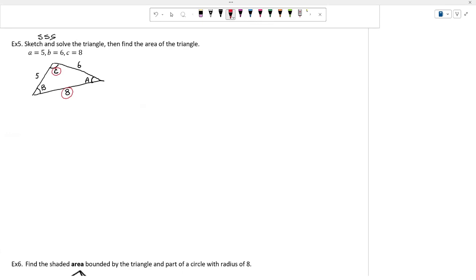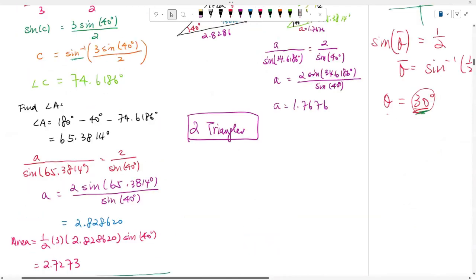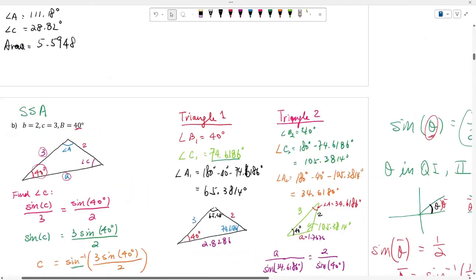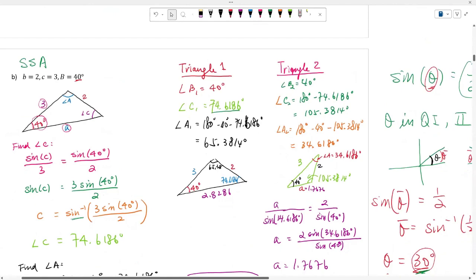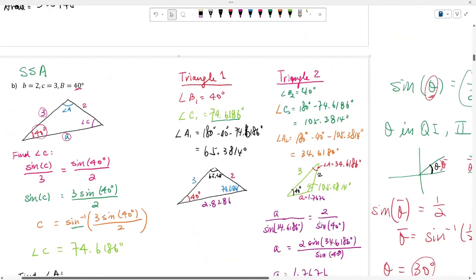Then after we have this, we could use the law of sine to help us solve the angle A and the angle B. Because we work with the biggest angle, it is actually safe when we use the law of sine, and we will not end up with the situation where we have two triangles to work with.